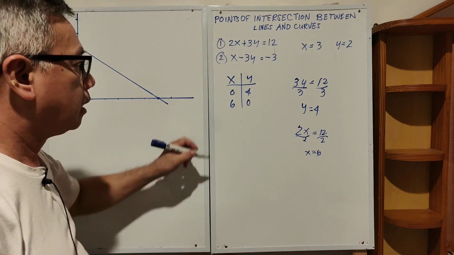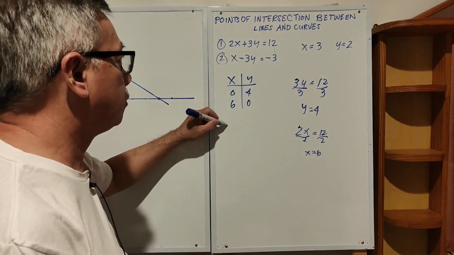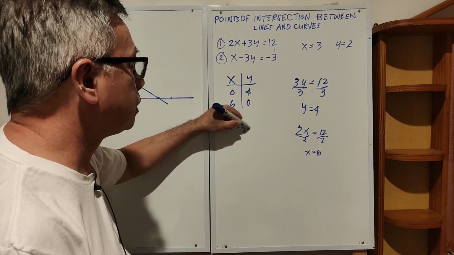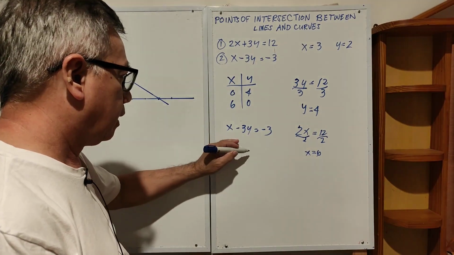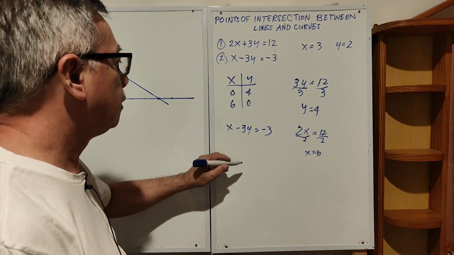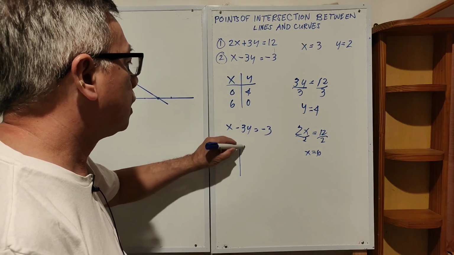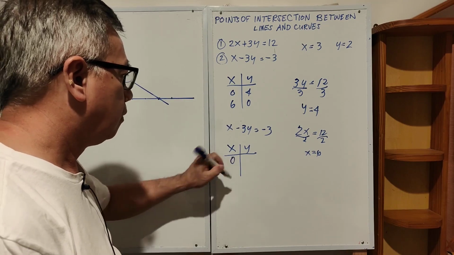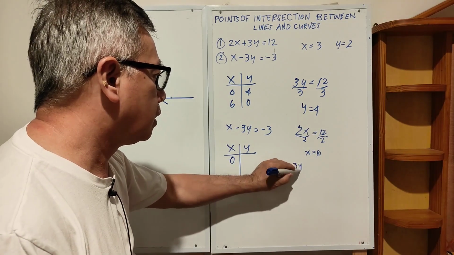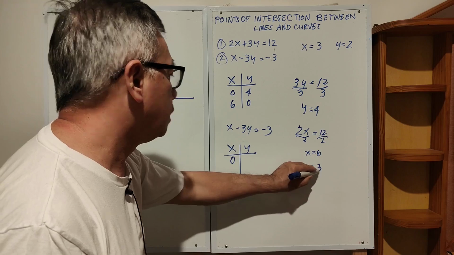Now let's do the second equation, x minus 3y is equal to negative 3. So x and y, if x is 0, then negative 3y is equal to negative 3.